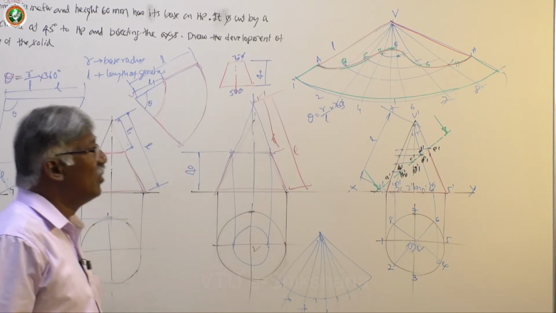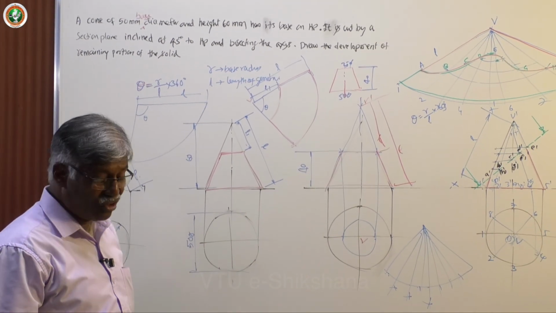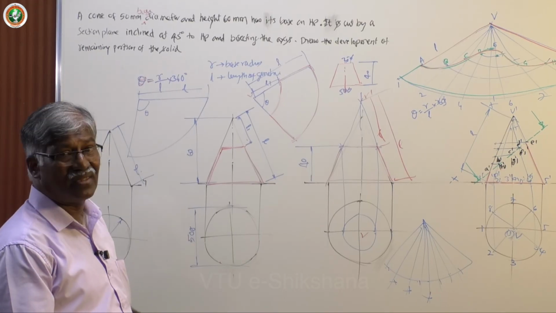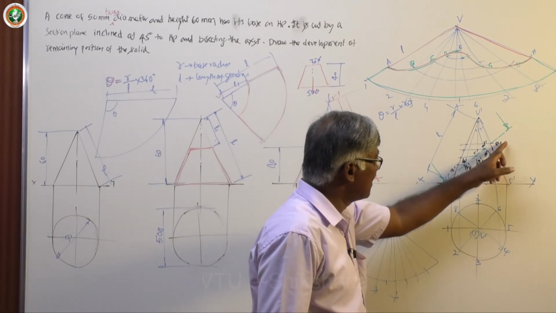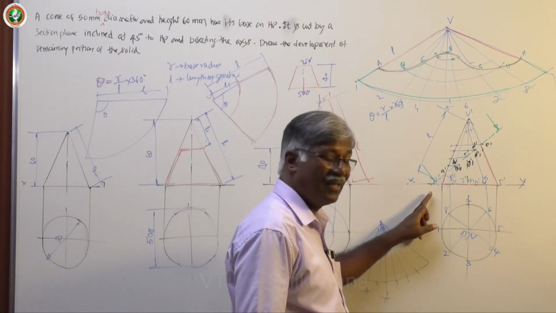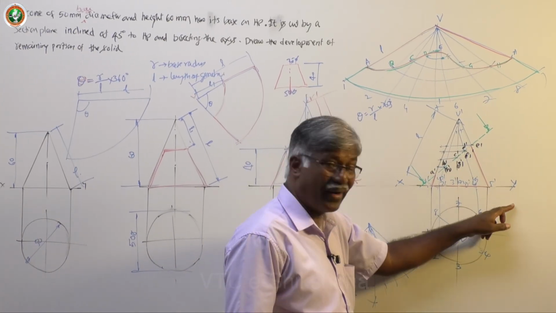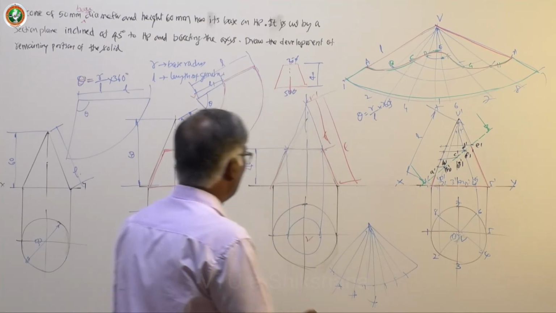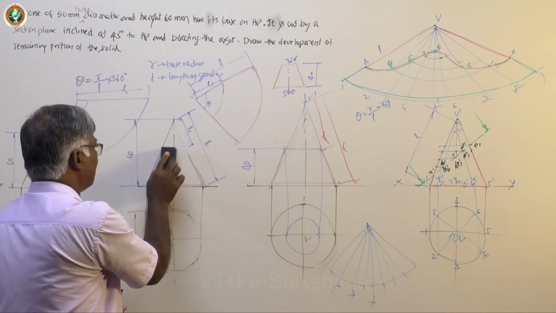So this is how you can draw the development of the cone, and also if there are any changes then you have to take care. Suppose that instead of this leaning downward left, if they give leaning downward right, then what will be the answer? Now I will use this figure and explain.